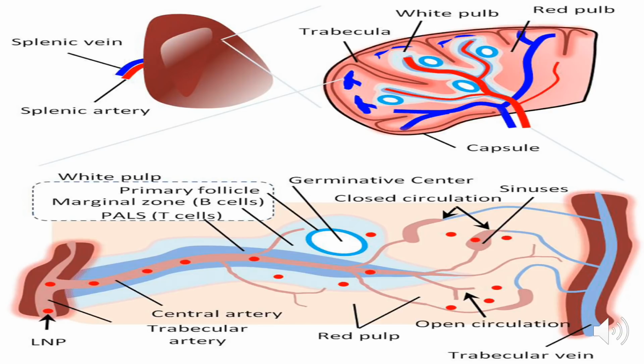If the small capillaries drain directly into the venous drainage of the spleen, you call that the closed circulation. But if the capillaries drain immediately into the red pulp, allowing some of the damaged and old red blood cells to be cleared from the blood by the splenic macrophages, then you call that the open circulation.